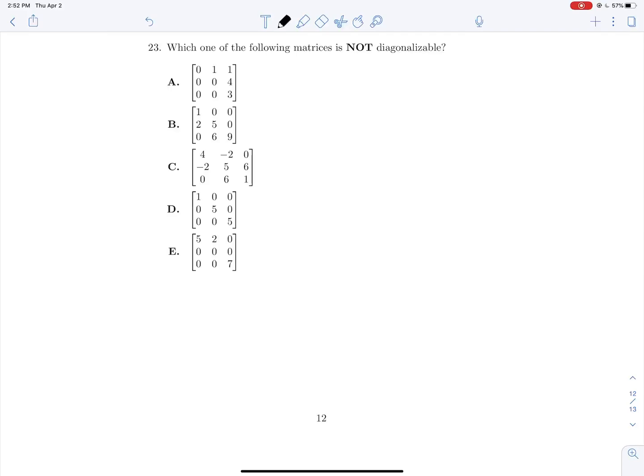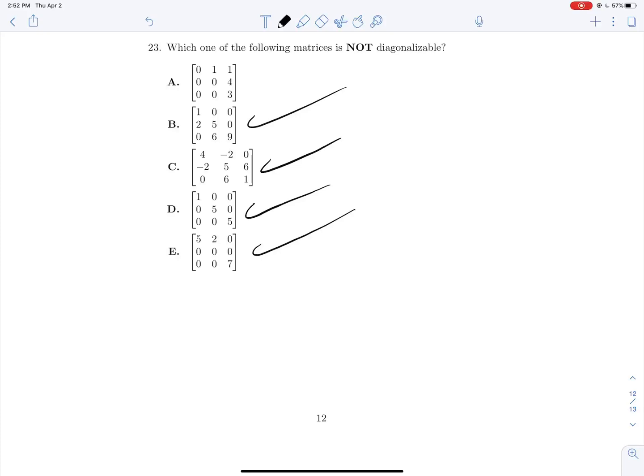So we have a symmetrical matrix here. It's equal to its own transpose. We have an upper triangular matrix here with 3 distinct eigenvalues, so the values on the main diagonal. We have a symmetric matrix here, as it's equal to its own transpose. We have a lower triangular matrix here with 3 distinct values on the main diagonal.